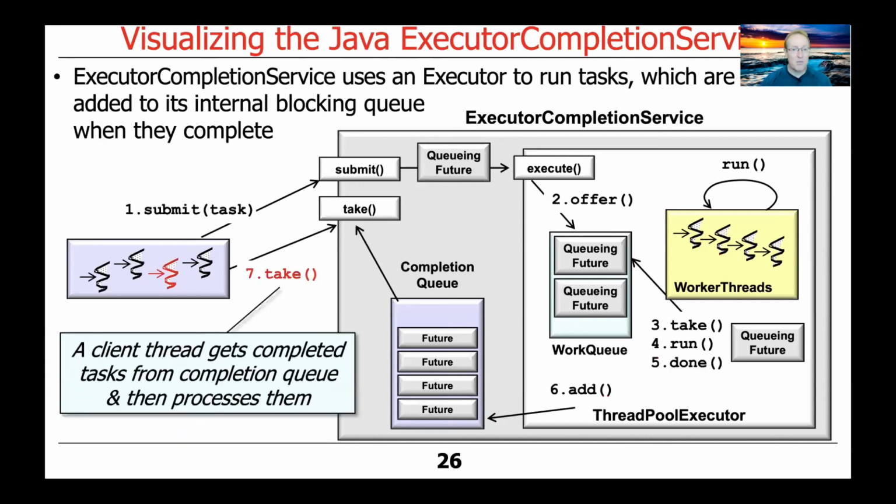That means that when a client thread calls take, it will block until there's something on the queue. If there is something on the queue, it'll return the future containing the result of that computation. It returns a future because the computation might have failed, in which case the future will provide the appropriate information indicating why the failure occurred, for example, some type of exception.